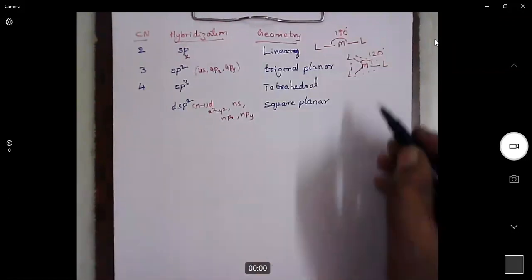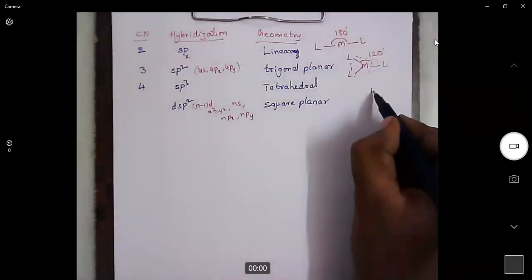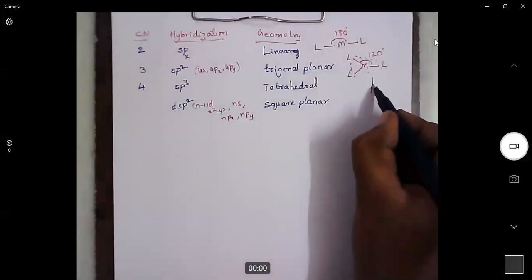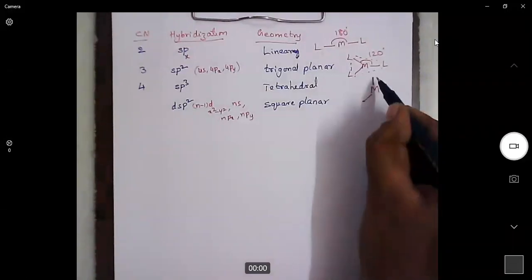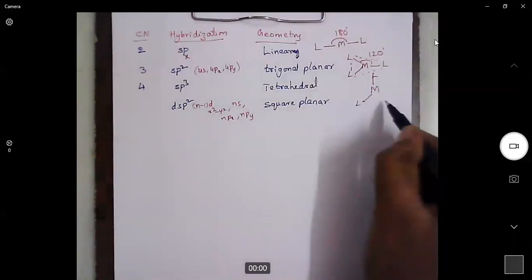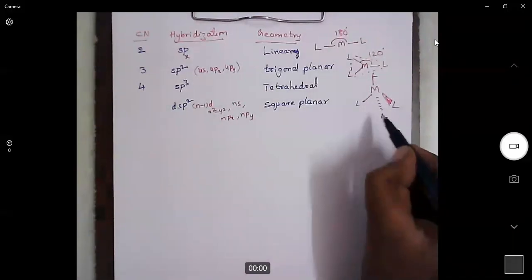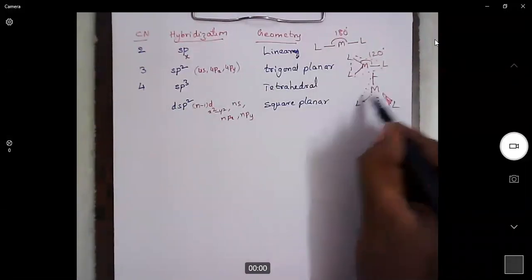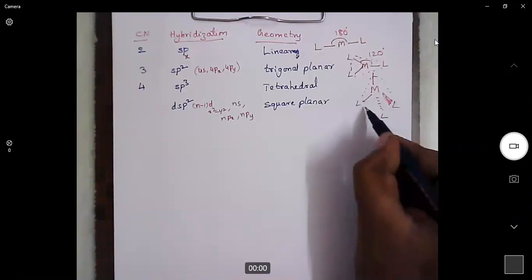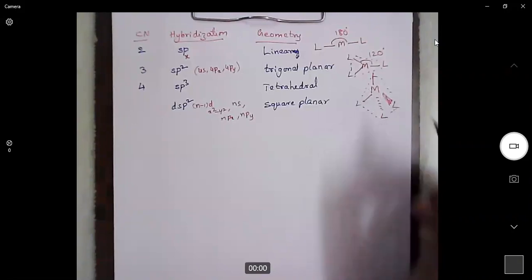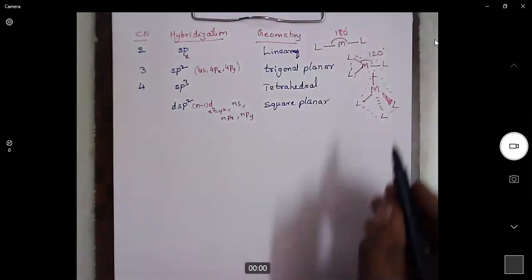Now look at the shapes. What is tetrahedral? There is a metal, 2 ligands, then one ligand above the plane, one ligand below the plane. This is the tetrahedral geometry.